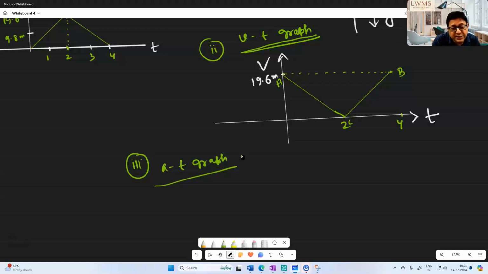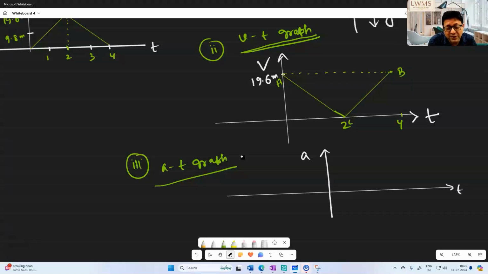How to draw the AT graph? Let me draw. But what to draw there? Nothing to draw, because acceleration permanently has a constant value, minus 9.8 meter per second square.